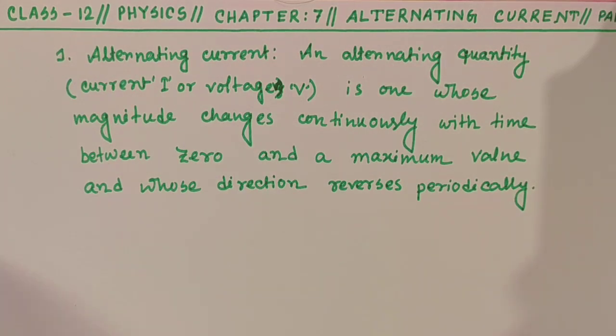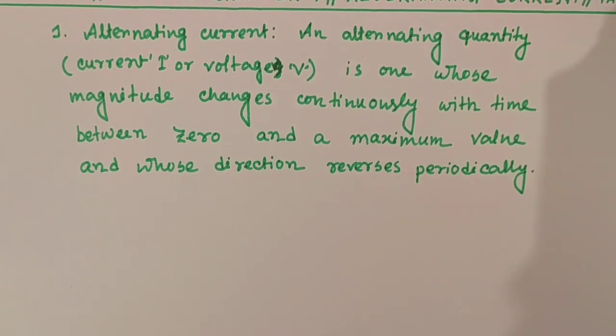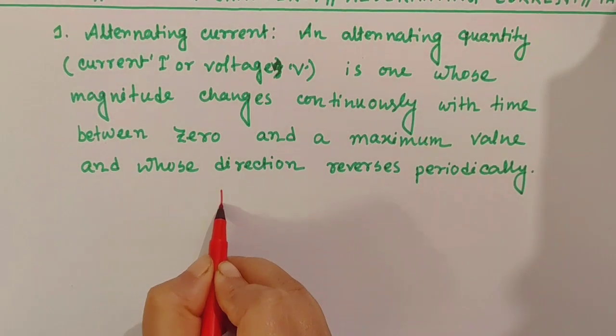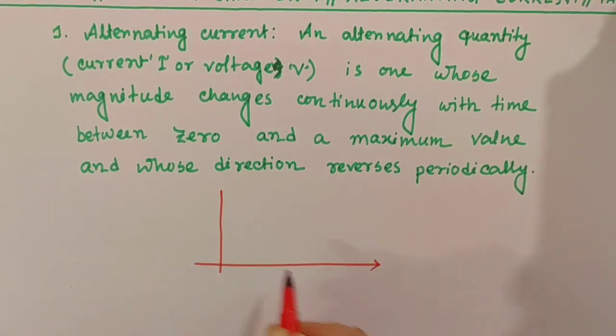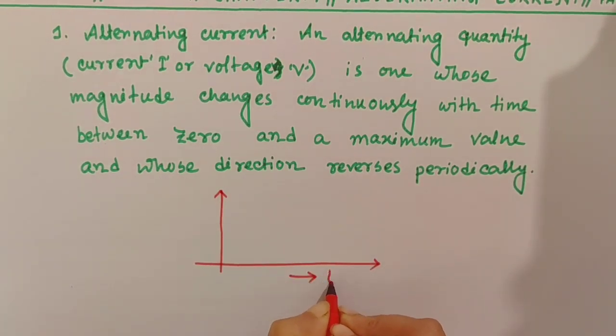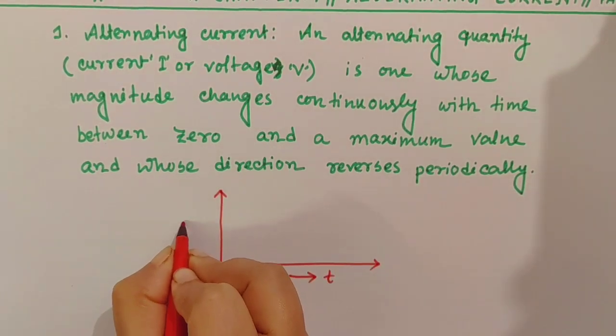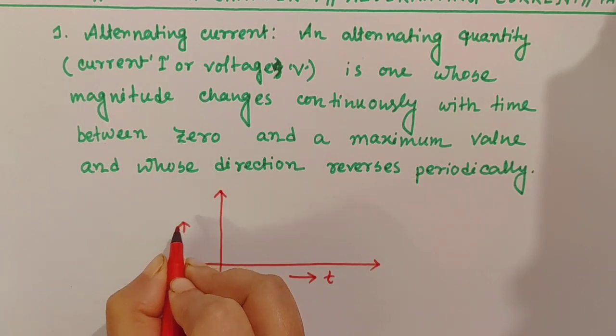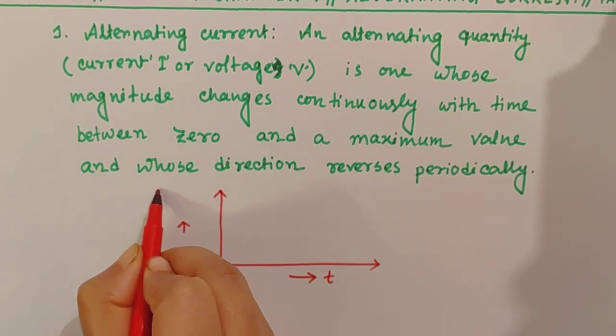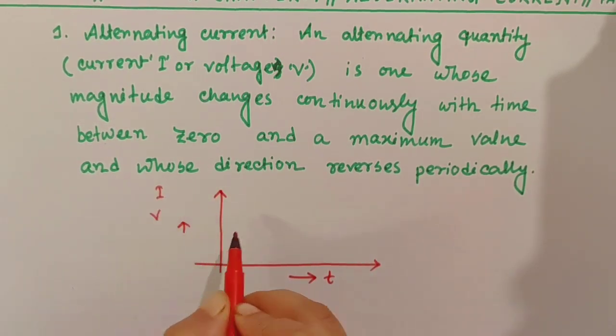So if we draw one diagram for alternating current, suppose we are drawing voltage and current across a resistor versus time. In the x-axis we put time and in the y-axis we put current or voltage.